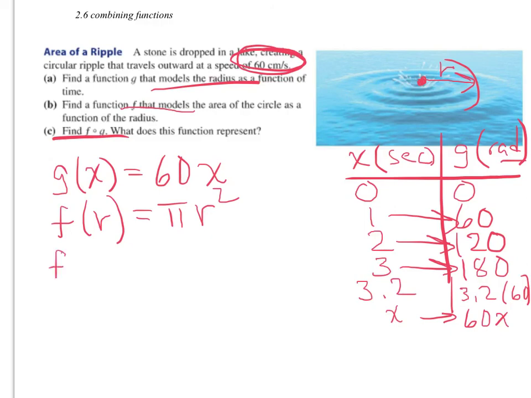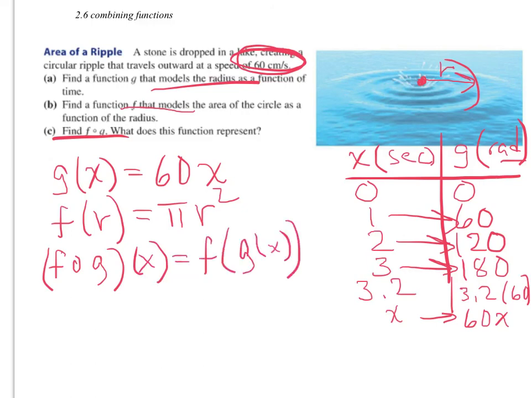Well, f of g of x is just f of 60x, and that means go to the function f, and wherever you see the variable, substitute 60x. So the variable in the function f is the letter r, and so we have to substitute 60x where we see r.